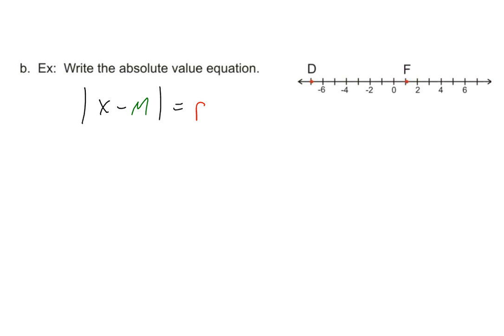Anybody got the midpoint yet? Negative 3. You guys agree with Wesley? Negative 3? All right. And how far is it to either endpoint? You just need to do one because it's the same both ways, right? So I showed you a minute ago both because I want you to make sure you understood it's both ways, but you only need to find one.